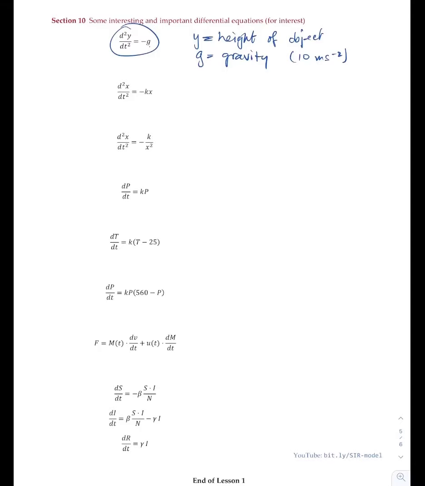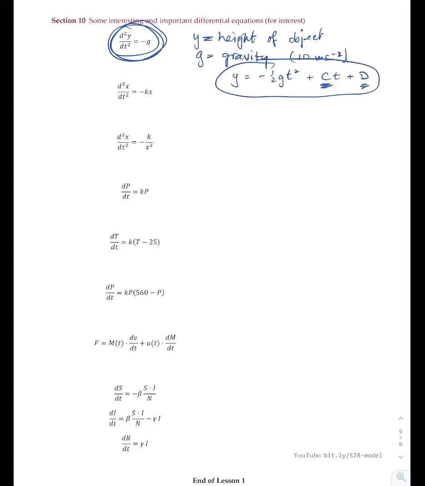So you end up with y equals negative half gt squared plus ct plus d, where c is the velocity and d is where you started throwing it from. The point is scientists observe what's changing in the situation, and then they derive everything else.